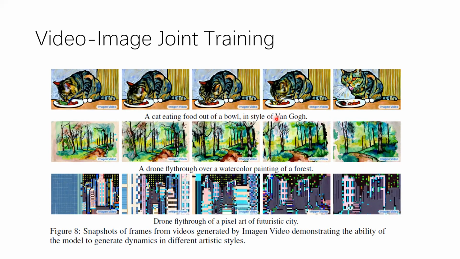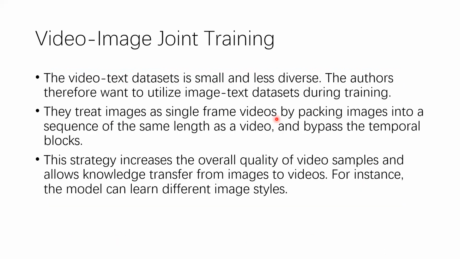I think you just mentioned treating the image as a single-frame video. Yeah, here it treats images as single-frame videos. So if you pack images into a sequence, how can I make sure that when I pack images together, it will look like a video?